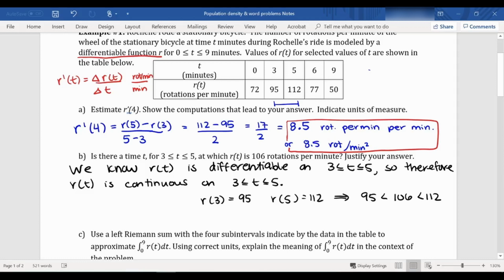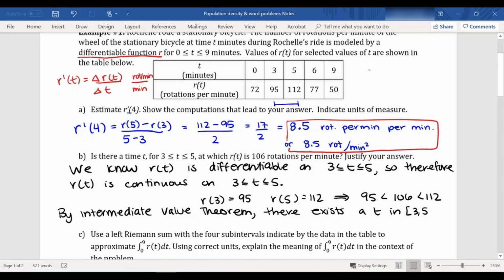So we can say by intermediate value theorem, there exists a t in the interval 3 to 5 such that r of t is equal to 106.